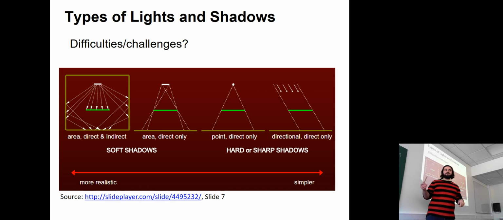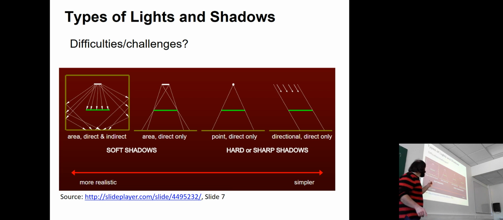And the one that is closest to reality is when we have not only direct illumination, but indirect illumination, the one that's happening in our daily life. Right now, even if we turn off all those lights, it will still be visible and everything will be more or less possible to be seen, right?